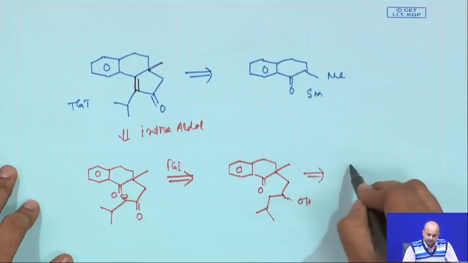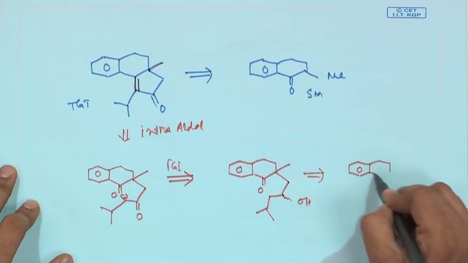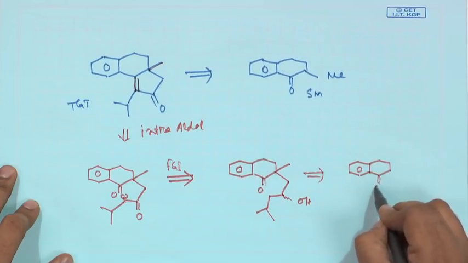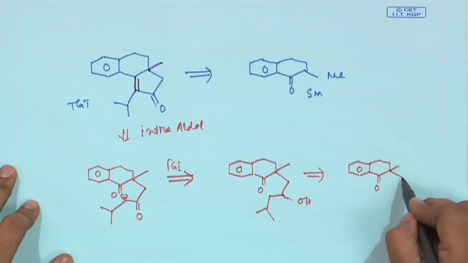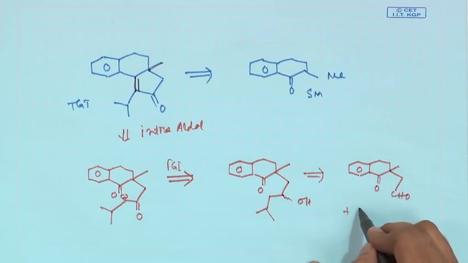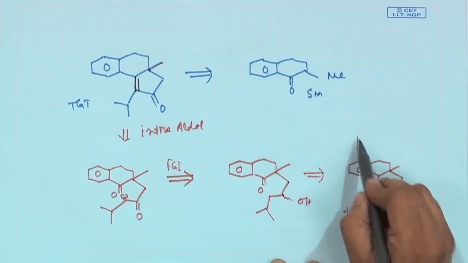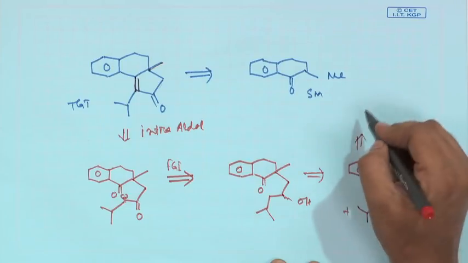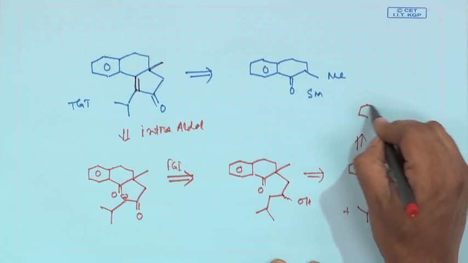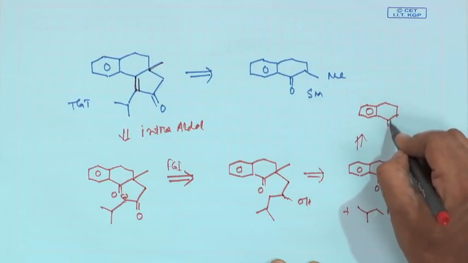Then I say this also can be easily prepared if you have this corresponding aldehyde and you use a Grignard, MgCl. Now, from this I say you can come very close to this starting material.